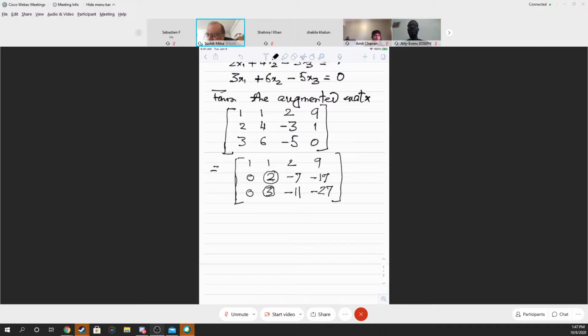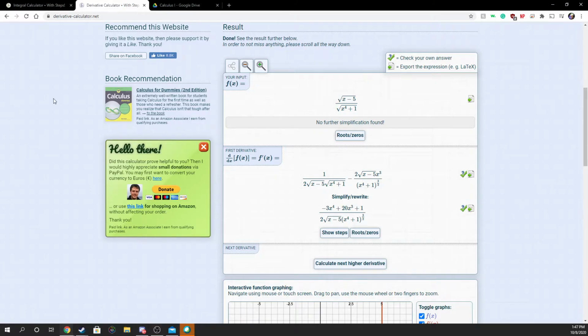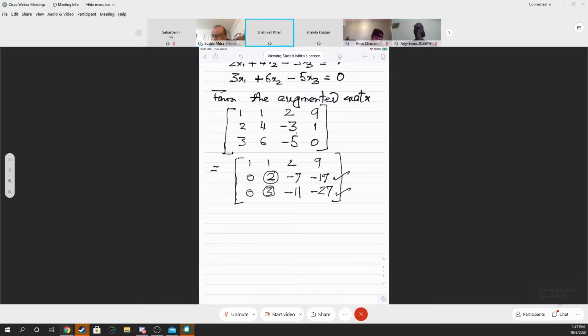Listen, multiplying the first row by -2, add it to the second row, and you get this. Multiply the first row by -3, add it to the third row, and you get this.